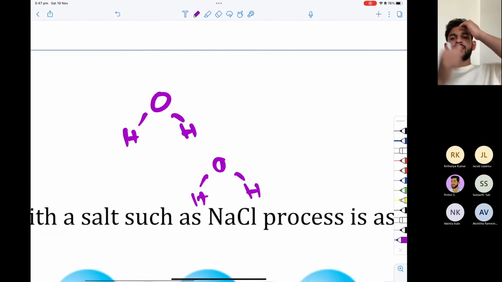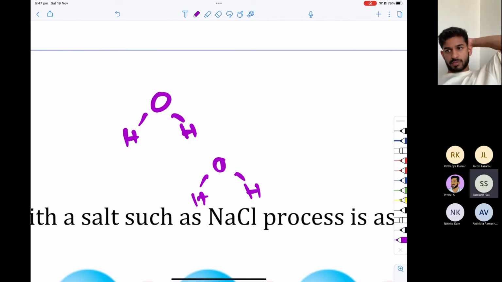First of all, Sid, is water a polar molecule or a non-polar molecule? They're polar. Very good. Now, what does polar mean, Sid? Can you just remind the rest of the class? There's an uneven distribution of charge. Perfect, so there's an uneven distribution of electrons or charge.